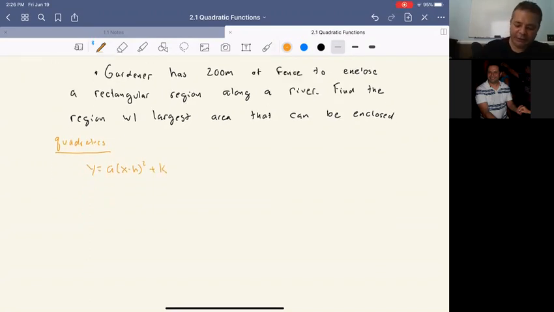At (h, k), we have our vertex. And if a is bigger than 0, it looks like so, and we have a minimum value at the vertex.